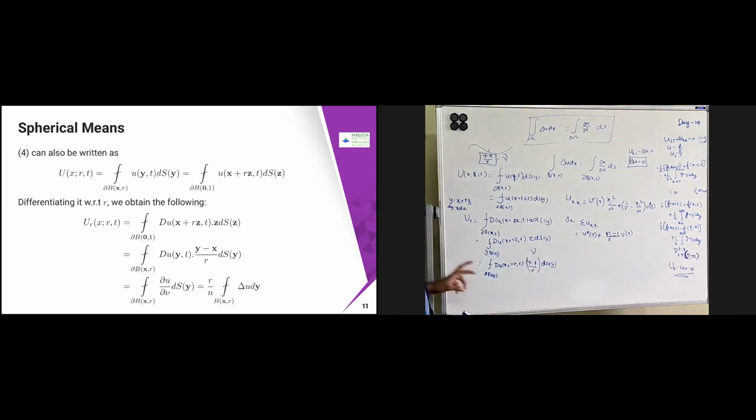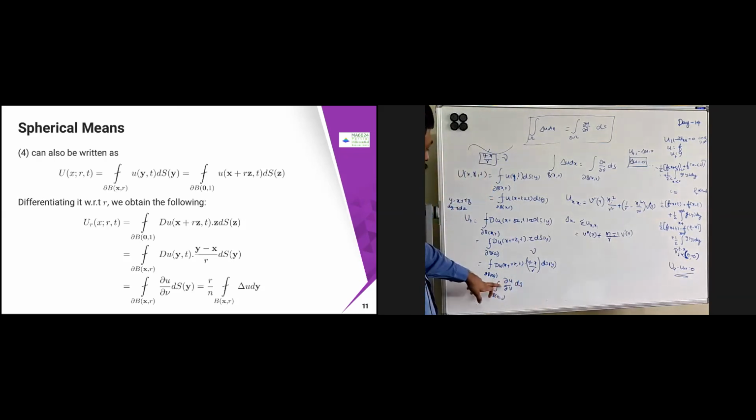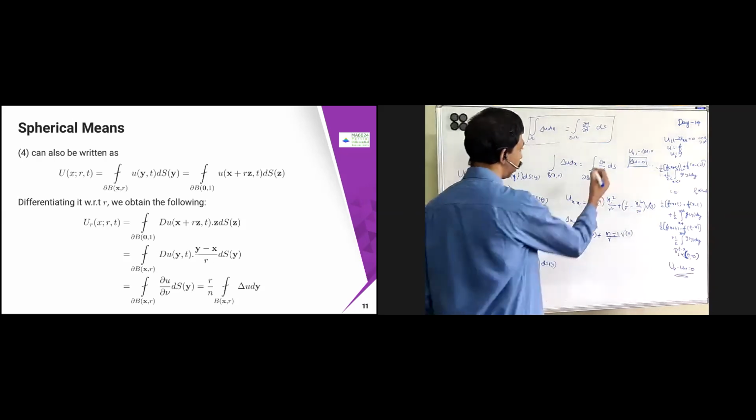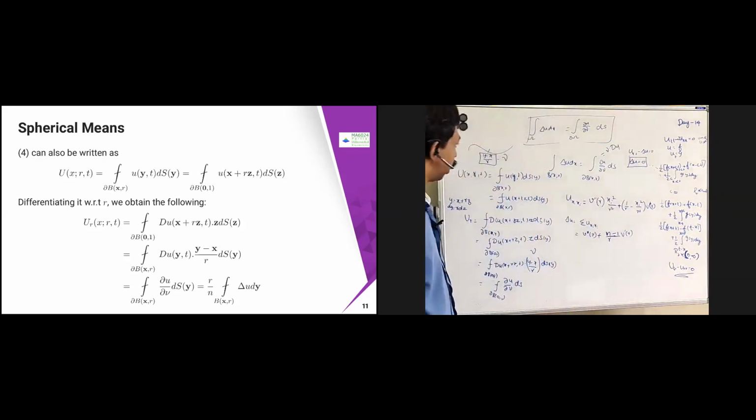So du dot nu I can write as dou B of 0, 1, dou u by dou nu into ds. That's the definition of the normal derivative: dou u by dou nu is nothing but nu dot du. Now what is dou B of 0, 1, dou u by dou nu d of x, y?